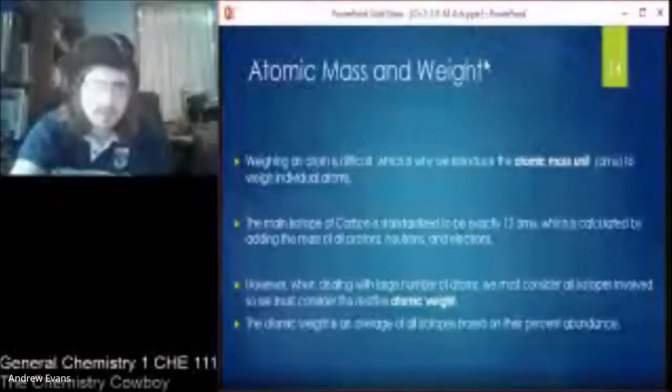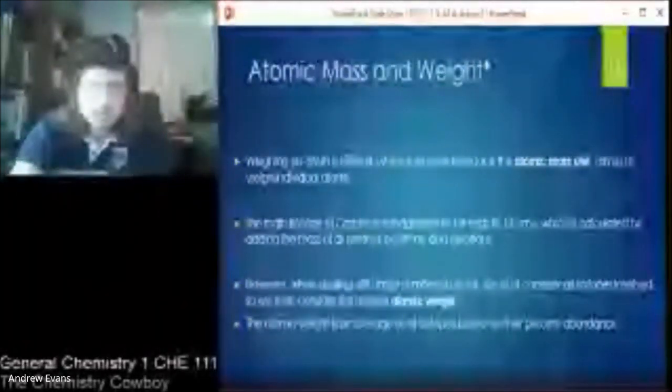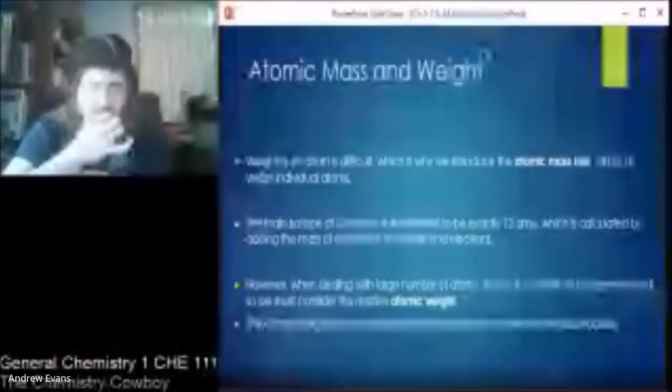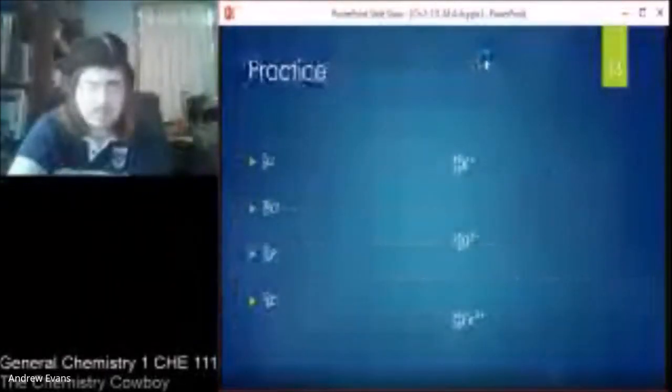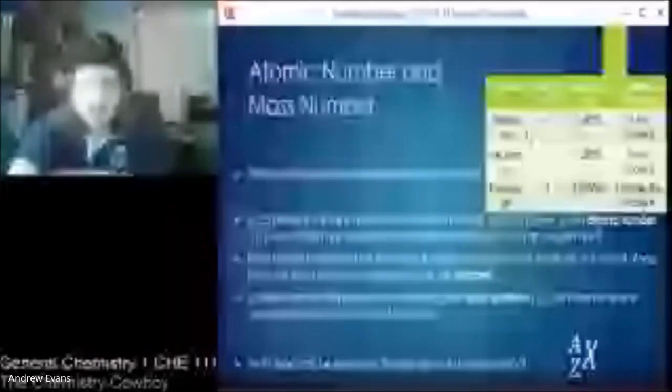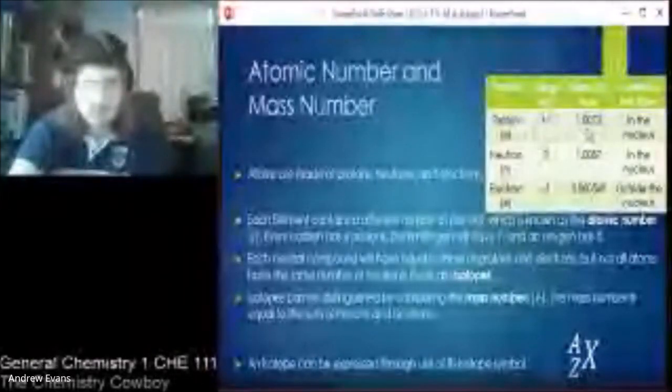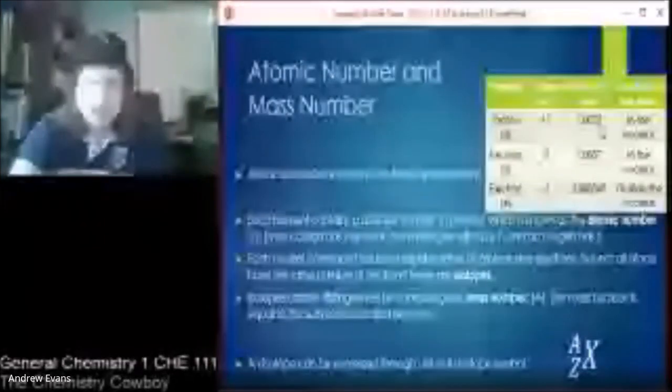I'm going to hop back a few slides, but we use this when we look at individual atoms. A proton, as I said, weighs approximately 1.0073 AMU.